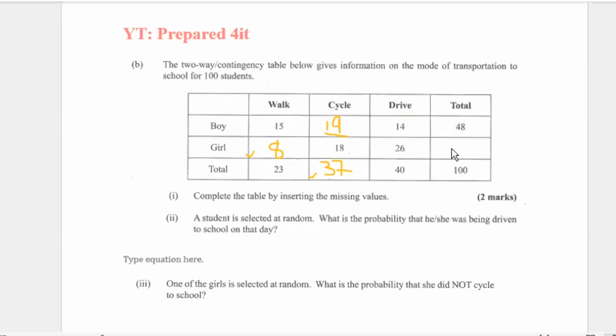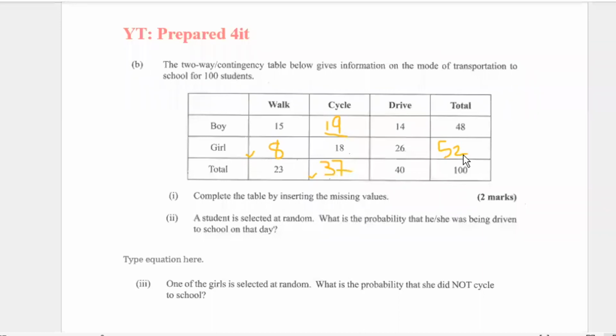And for the total girls here, we will get 52, as Selena said, so it will be 8 plus 18 plus 26, and that would give us 52. You'll see that our answer is also correct. You could also have done it how Selena said: 100 minus 48, and you'd have gotten the same 52 here. So that is our completed table for 2 marks.